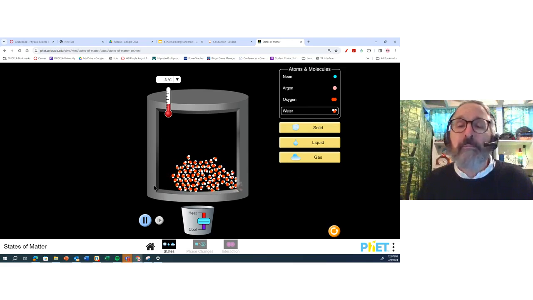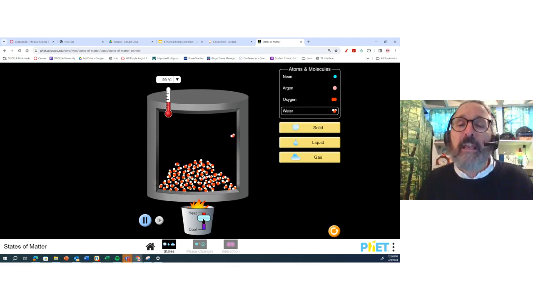More movement. Let's boil it. Go to the boiling point, 100 degrees Celsius. And you notice that we're getting more and more kinetic energy. We're adding heat to it, right? 100 degrees Celsius is the boiling point.